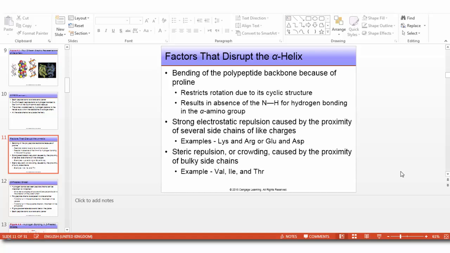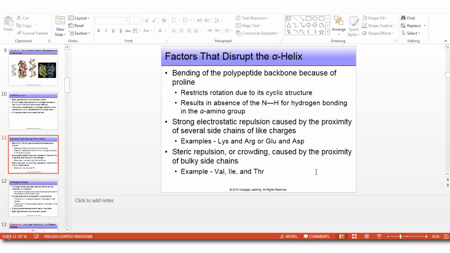Other localized factors involving the side chains include strong electrostatic repulsion between close amino acids with similar charges: lysine positive, arginine positive, glutamate negative, aspartate negative.